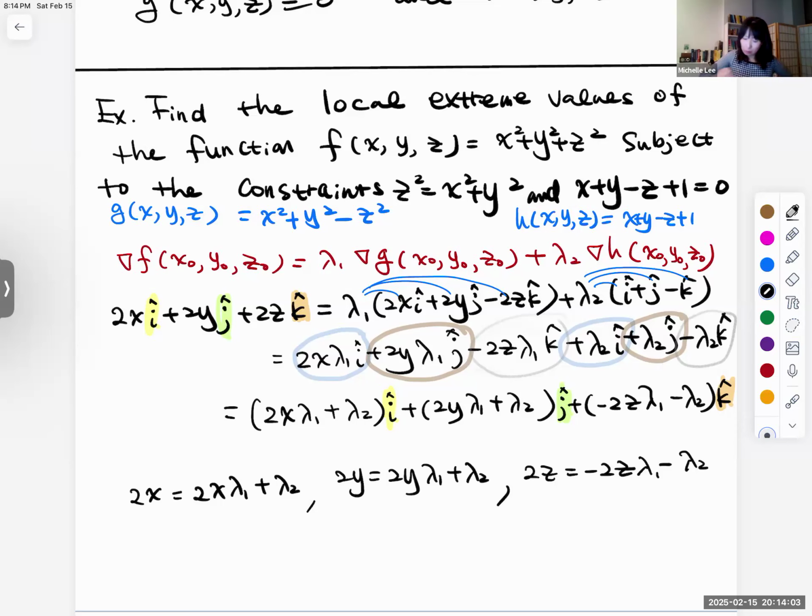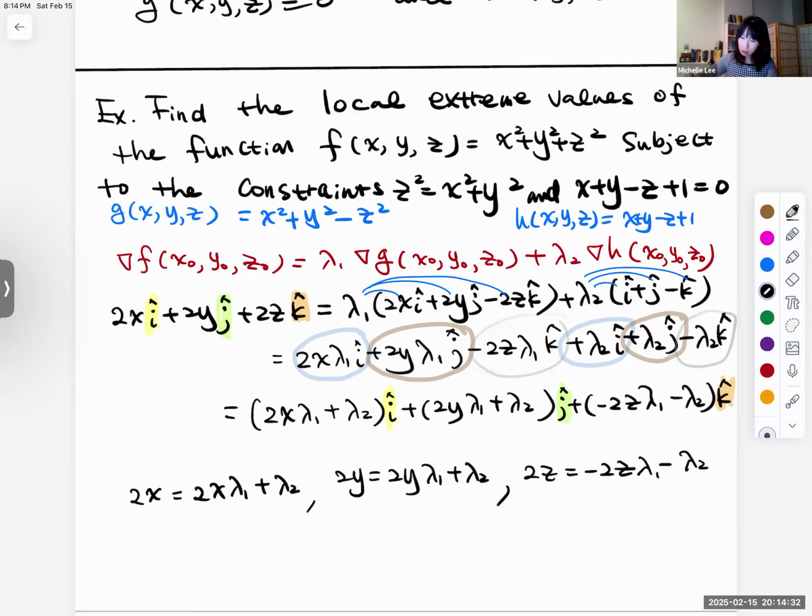Okay, now we have two other constraint functions, right? Normally when we have a constraint function, we need to find x, y, z. Let's bring the constraint functions here.